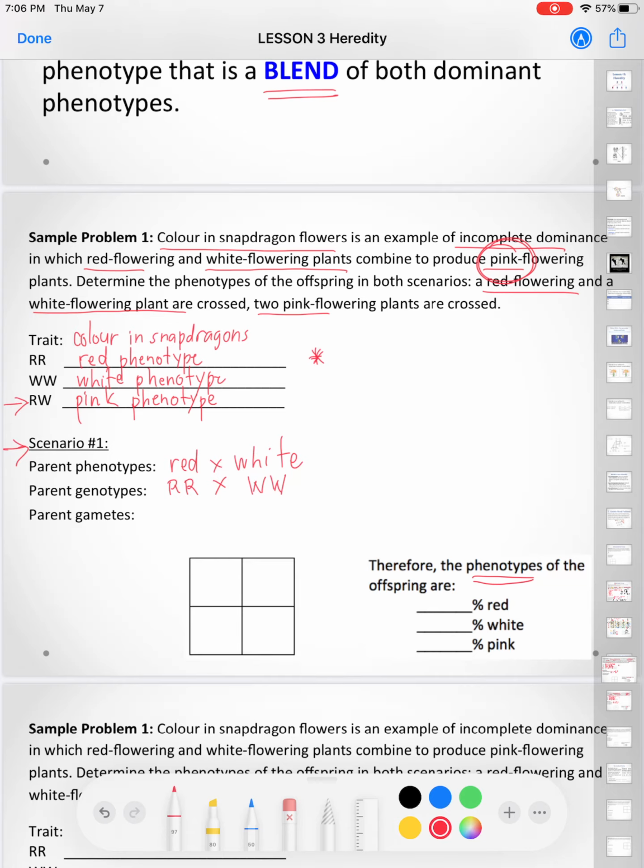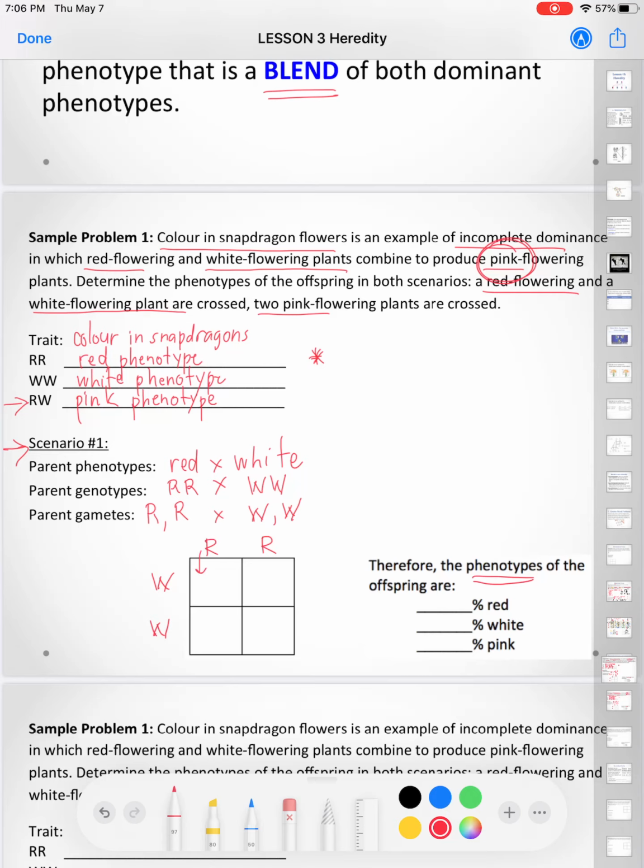When these two individuals produce gametes, the first parent can only give the same thing twice, 2 capital R's, and the second parent can only give 2 dominant W's. So we'll put those parents' gametes into the Punnett square.